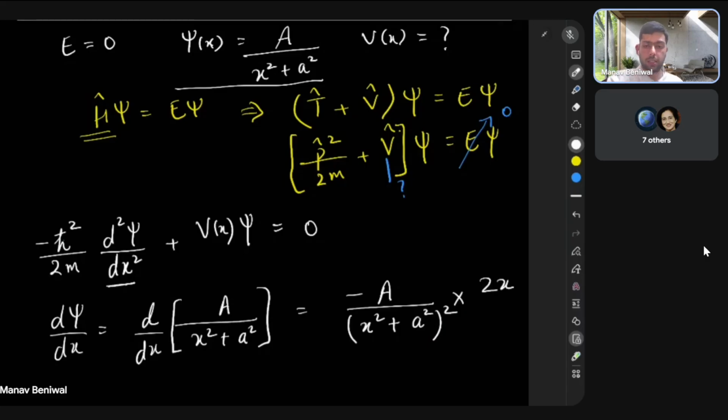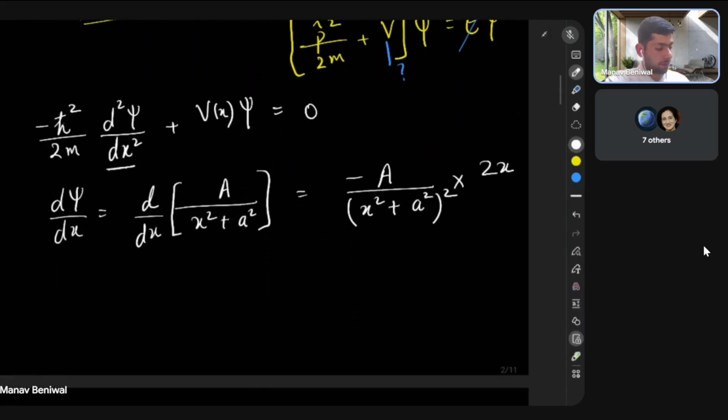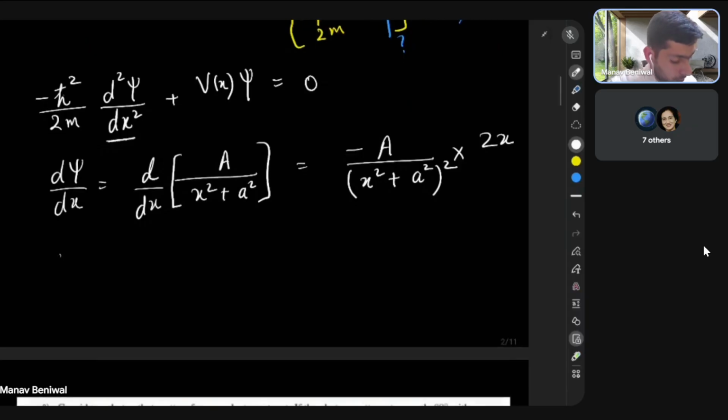What I have done is applied the chain rule. We know that the derivative of 1 over t is minus 1 over t squared, so here minus 1 over this thing squared, and then the derivative of the things inside. The derivative of x squared plus a squared will be simply 2x. Now let's solve for its second derivative.